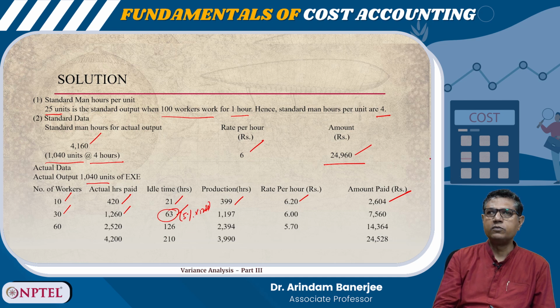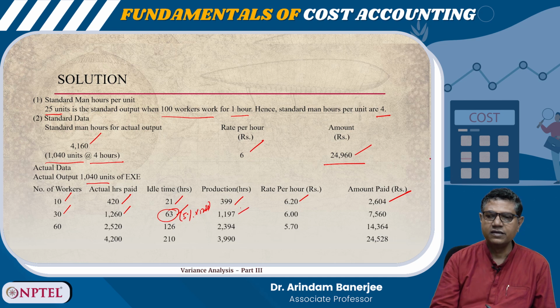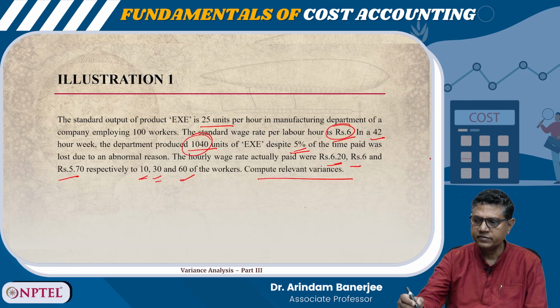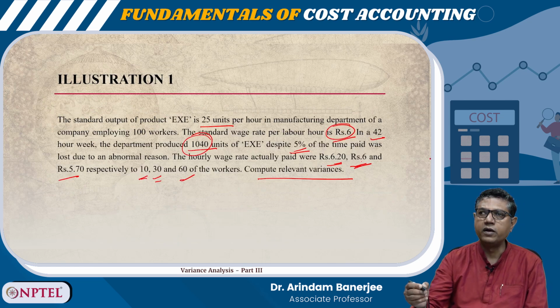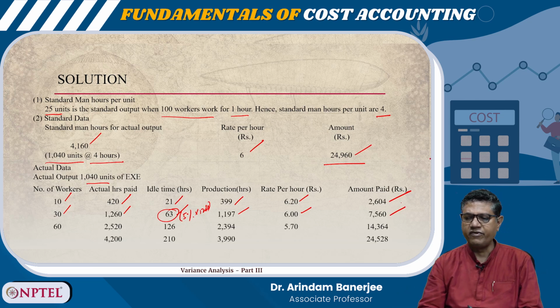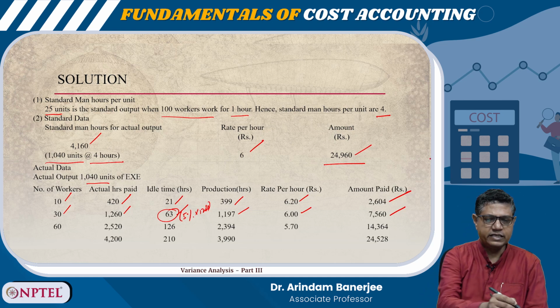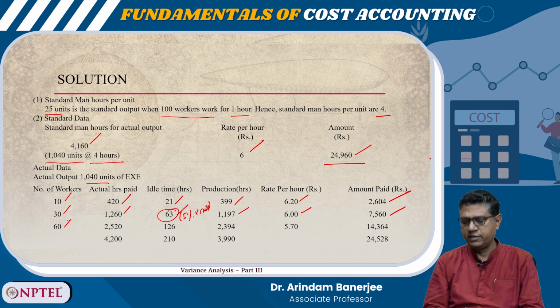The production is how much? Production is 1197, and the rate per hour is 6, it is given. Here you see the rate per hour for these workers is 6, and if I multiply this, we will get 7560. Fine. Now, another group, 60 workers.